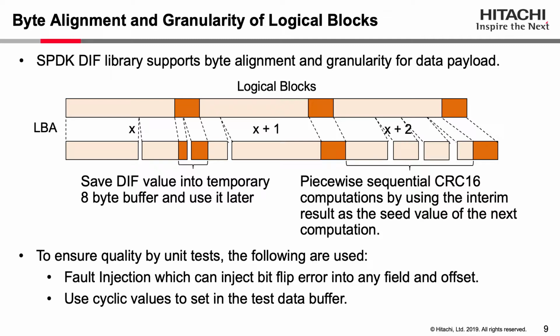After that, by parsing the read data buffer, SPDK finds the corrupted data block and stores that information to the log, and then returns I/O failure to the upper layer.